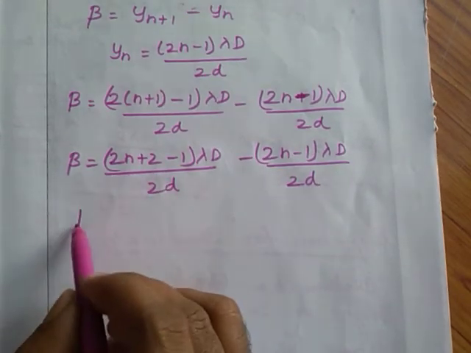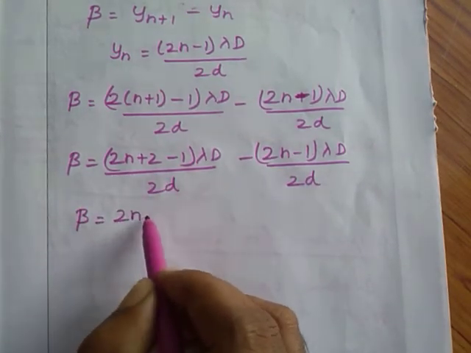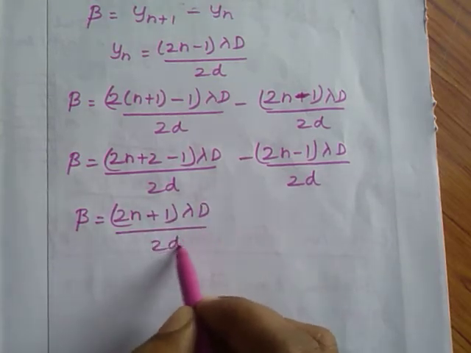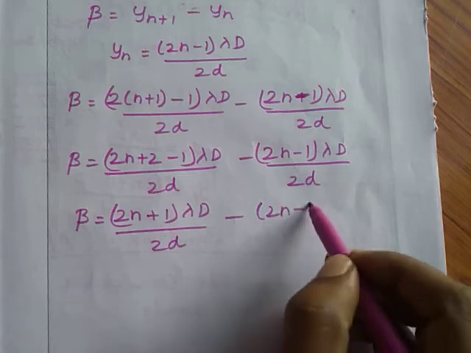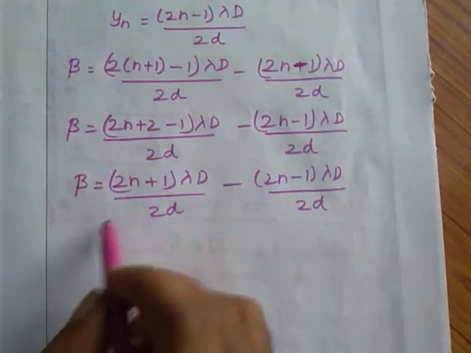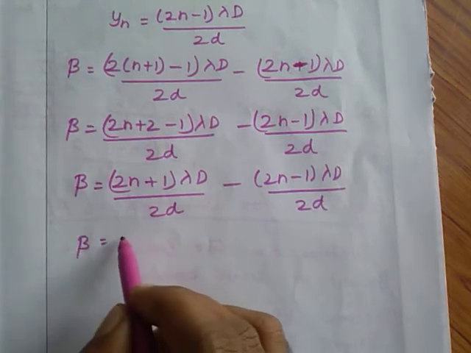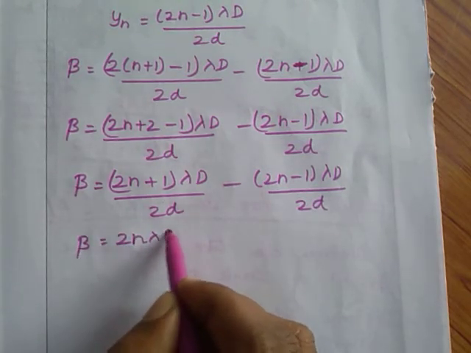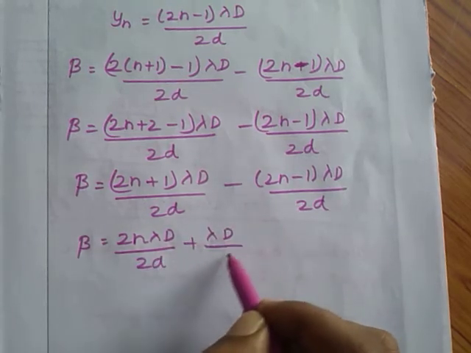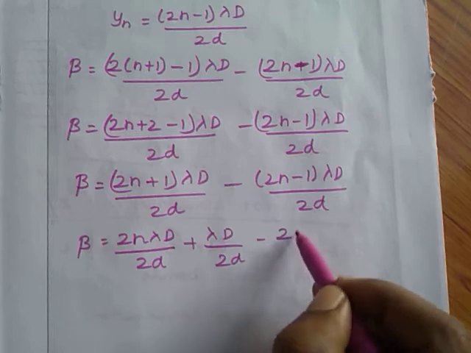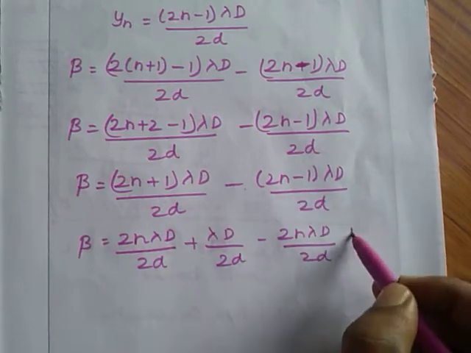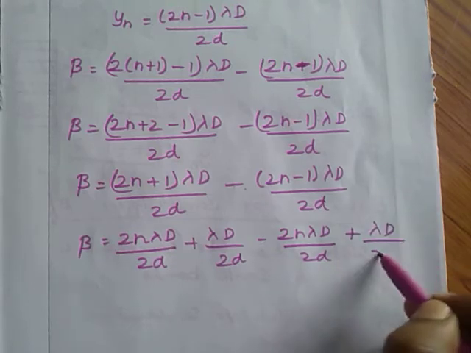Then solving this, beta becomes (2n plus 1) lambda D by 2d minus (2n minus 1) lambda D by 2d. Then expanding this, beta is equal to 2n lambda D by 2d plus lambda D by 2d minus 2n lambda D by 2d, and minus into minus becomes plus lambda D by 2d.